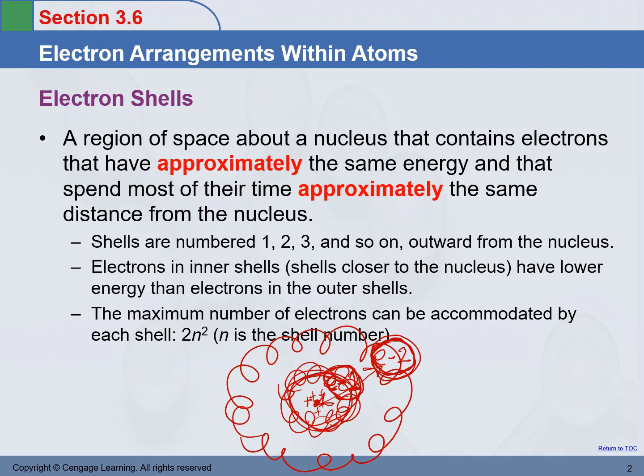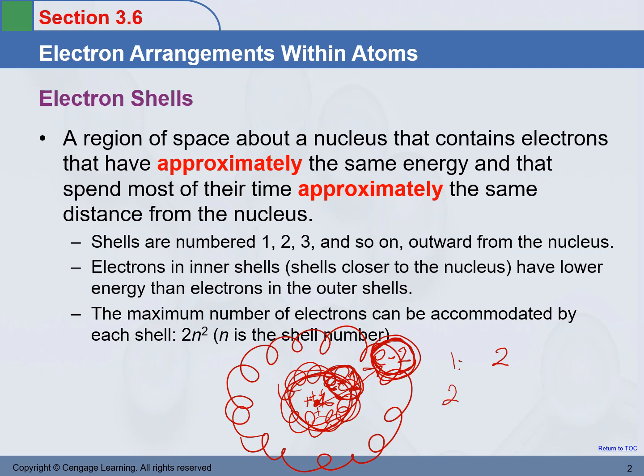So the maximum number of electrons that can be accommodated by each shell is 2n squared, where n is the shell number. Shell number 1, n equals 1. 2 times 1 squared is 2. So shell number 1 can have 2 electrons.